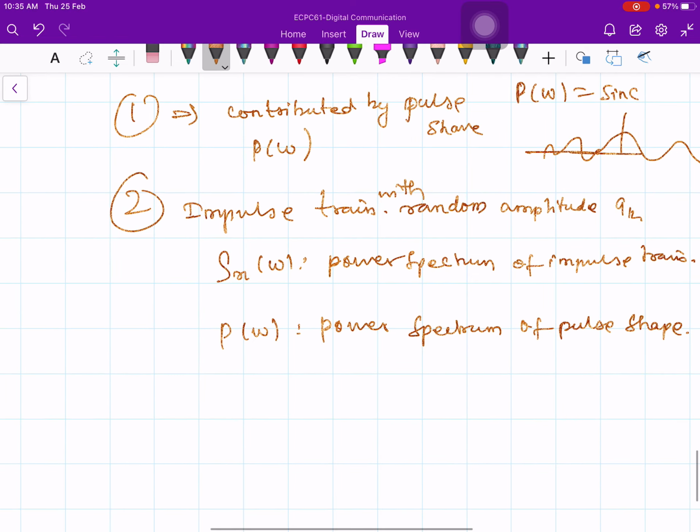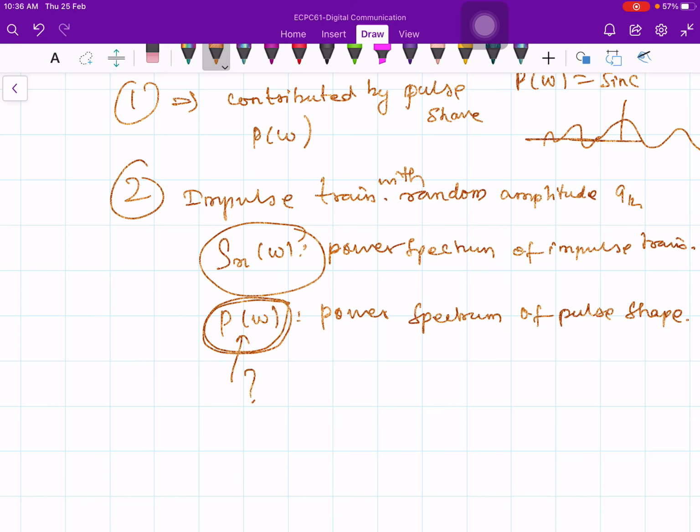So one can do spectral shaping not only by controlling Sx of omega, but also by controlling P of omega. In particular, suppose our primary requirement is to introduce a spectral null. Let us ask a specific question: can we introduce a spectral null by controlling P of omega, or in the time domain P of t? We need to introduce a spectral null at omega is equal to 0.